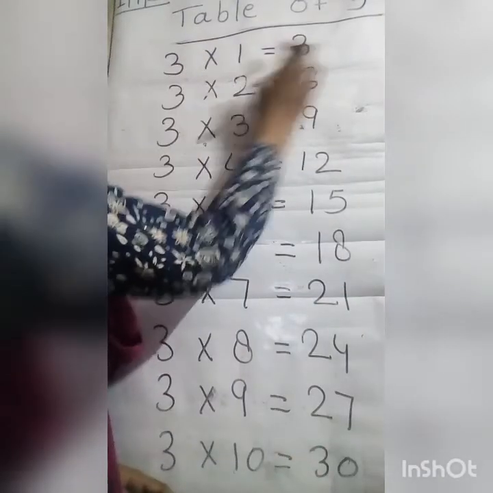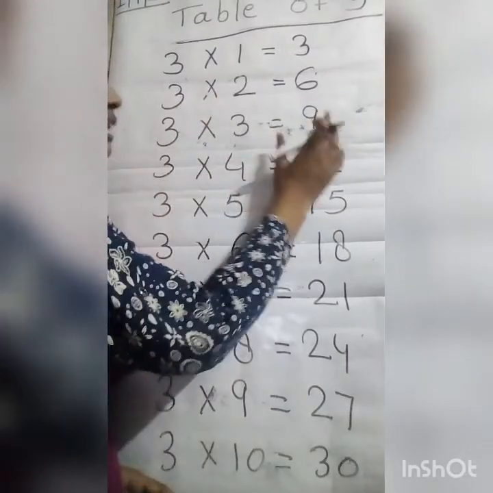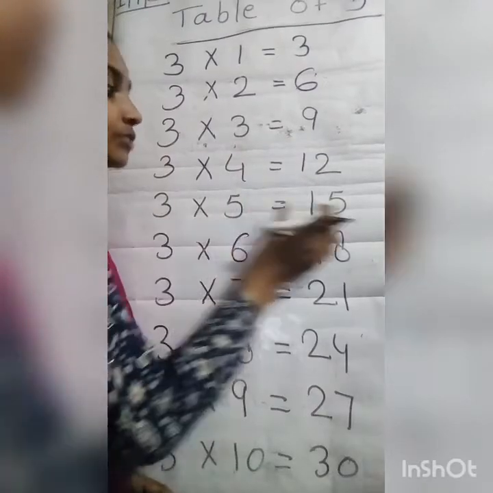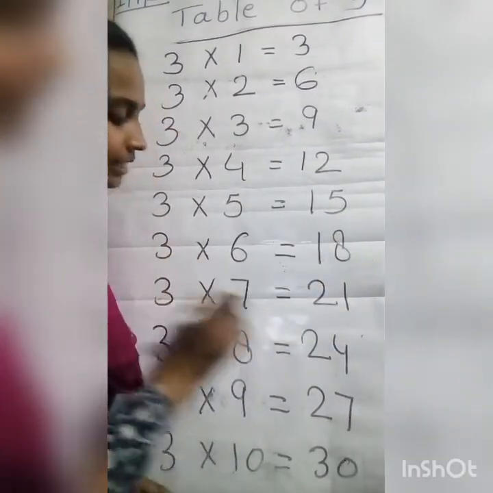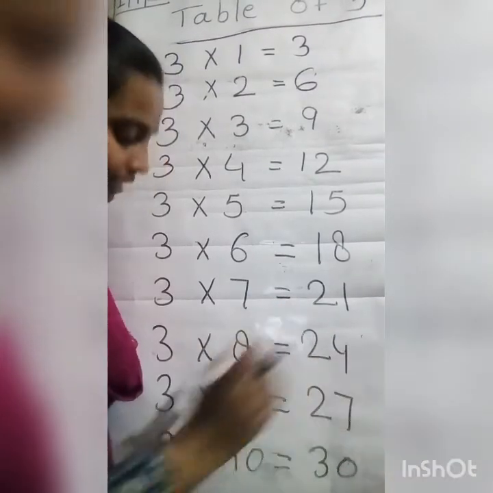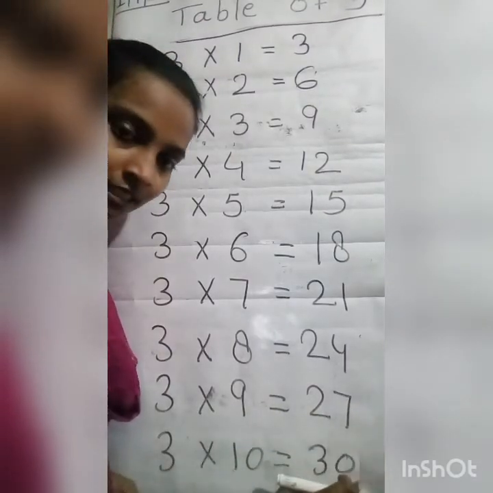Okay. So 3 ones are 3, 3 twos are 6, 3 threes are 9, 3 fours are 12, 3 fives are 15, 3 sixes are 18, 3 sevens are 21, 3 eights are 24, 3 nines are 27, 3 tens are 30.